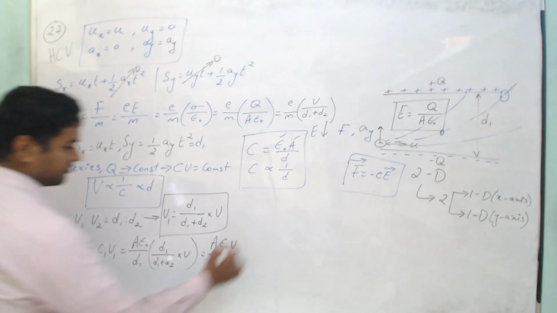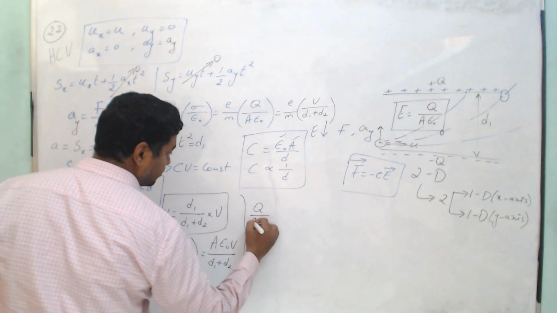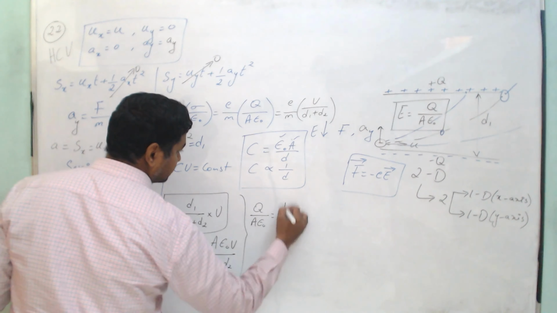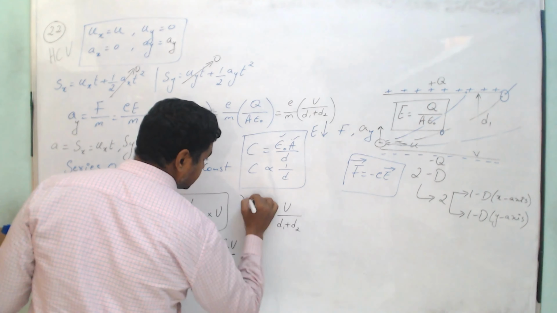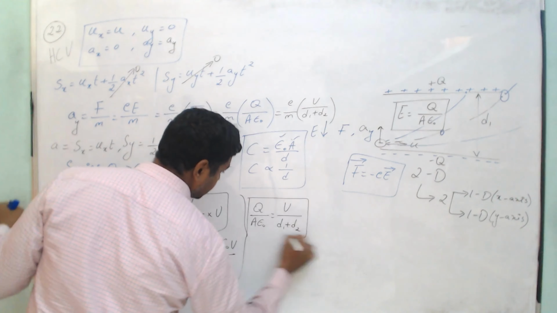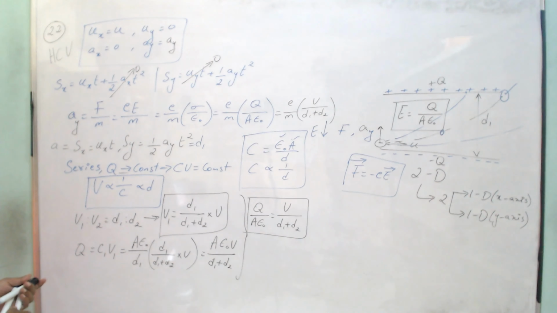From this information, I got Q by A epsilon naught is V by D1 plus D2. Is this clear? Yes, sir. Okay.